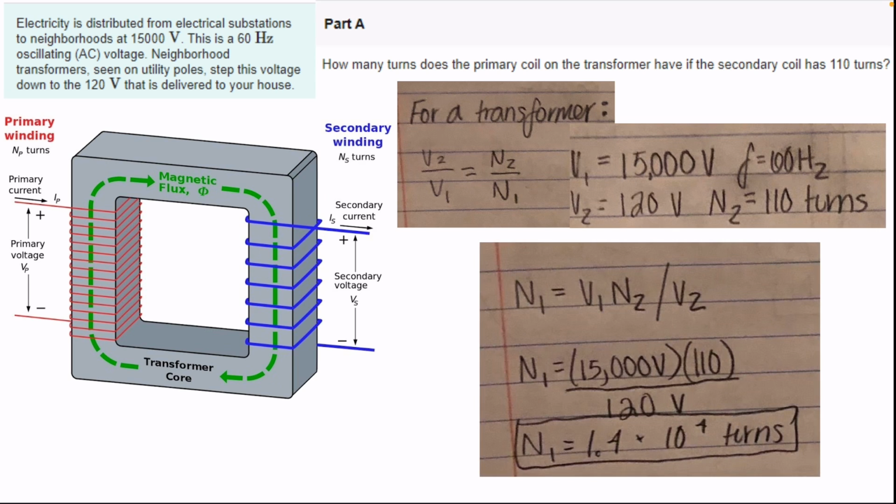So we rearrange the equation, solving for N1, plug in what we know, and we get a total of 1.4 times 10 to the 4th turns. That's a lot more turns, 1.4 times 10 to the 4th versus 110. So that's how those numbers work out to get that drop in the voltage.